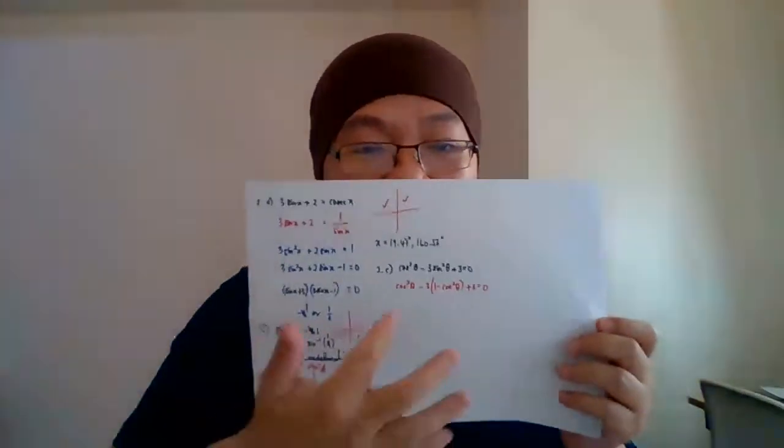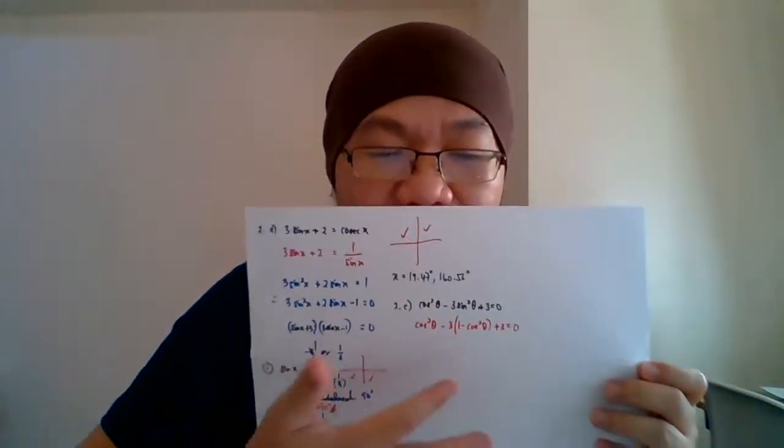Number 2, expand your 3 inside and let this equation become a general form. All right, so I expand everything. Cos squared theta minus 3 plus 3 cos squared theta plus 3 equals to kosong. And then simplify, how much? 4 cos squared theta equals to 0.